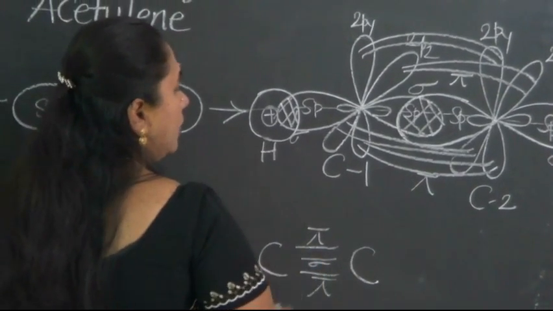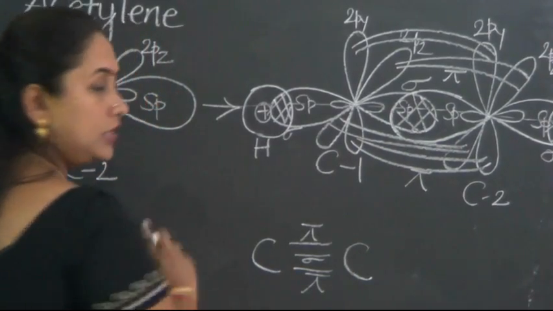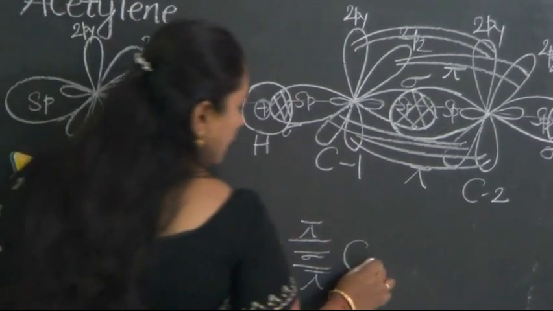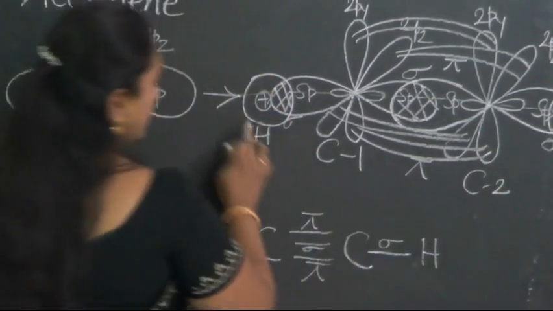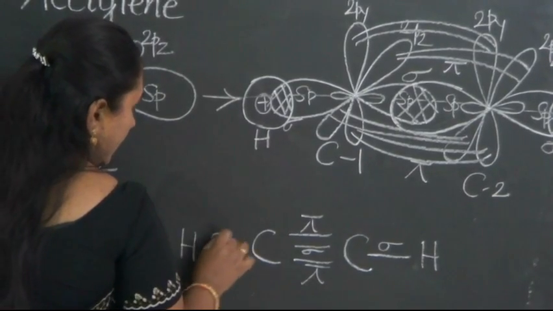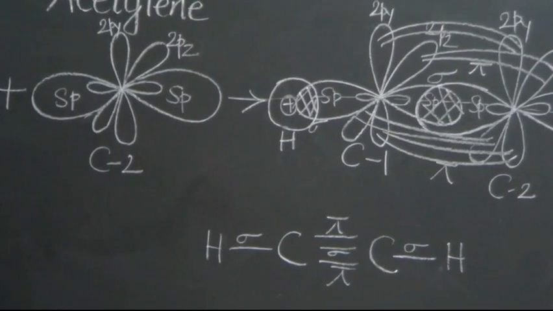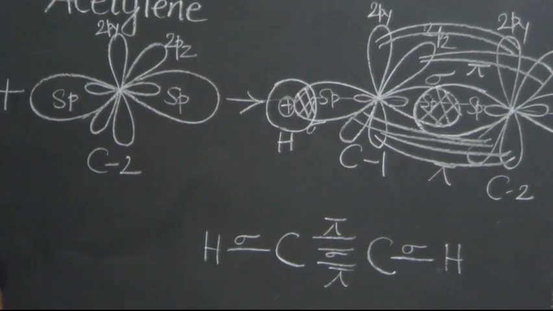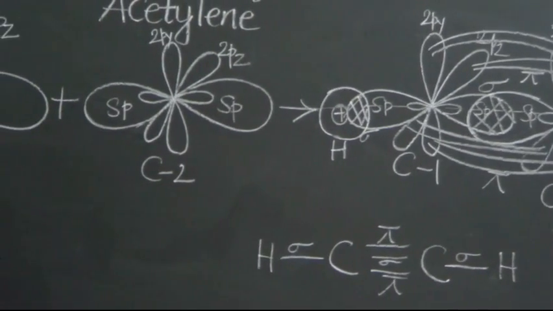And how do we have the sigma bond? sp hybrid orbitals head-on overlapping, so sigma bond. What else is there? Each carbon in turn is linked with hydrogen, as we can see. And because spherical is the shape of the orbital of hydrogen, they will always undergo head-on overlapping, resulting in a sigma bond. So what is the summary of this?